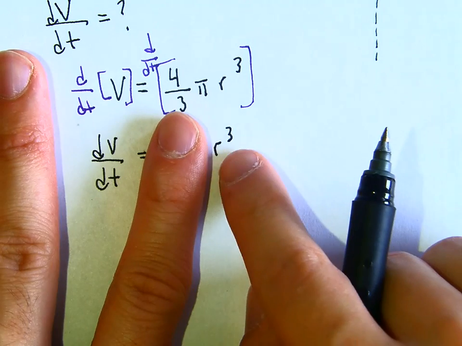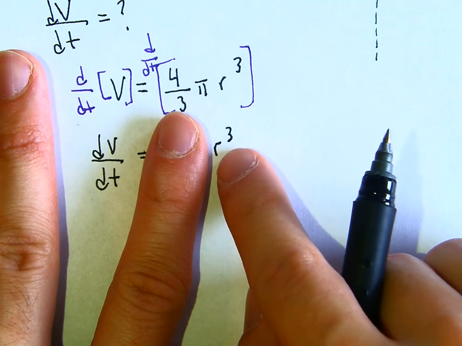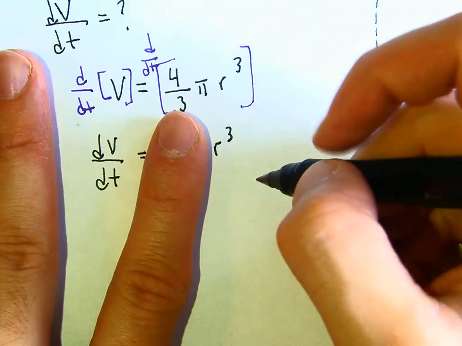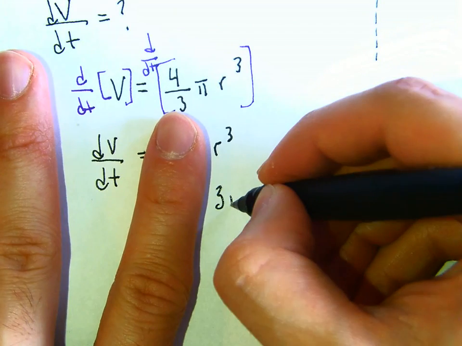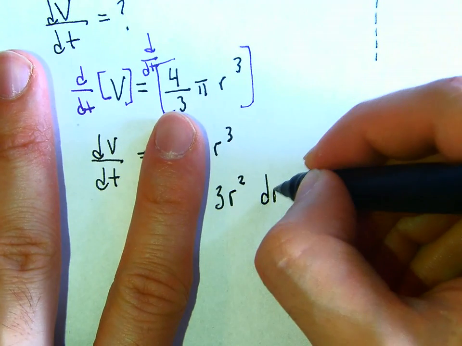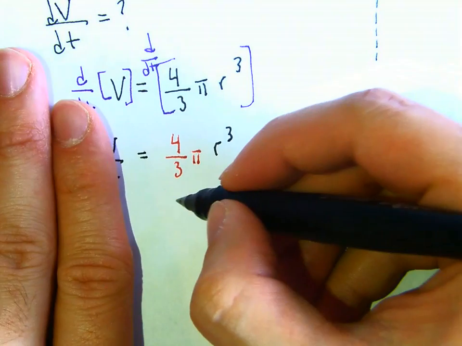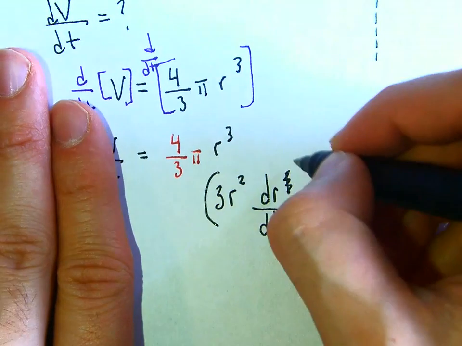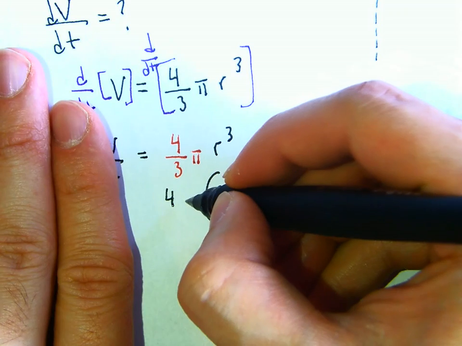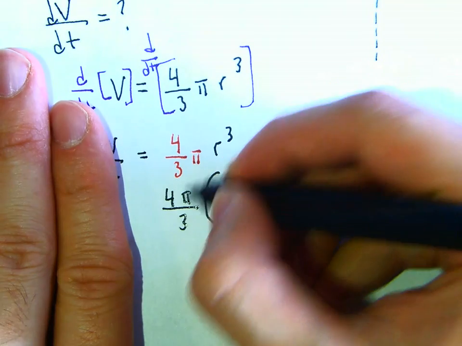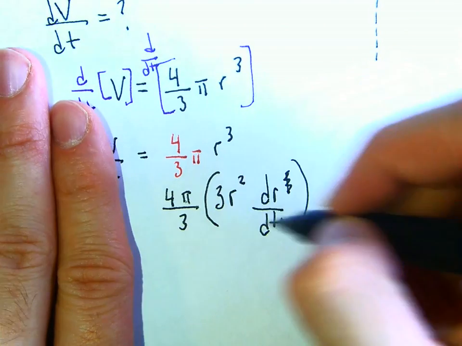So just bear with me. What's the derivative of r cubed? This should be 3r squared dr/dt. But now we need to multiply whatever this is by 4 pi over 3, because 4/3 times pi is 4 pi over 3.